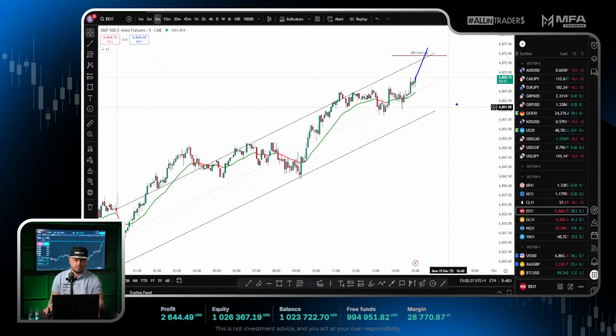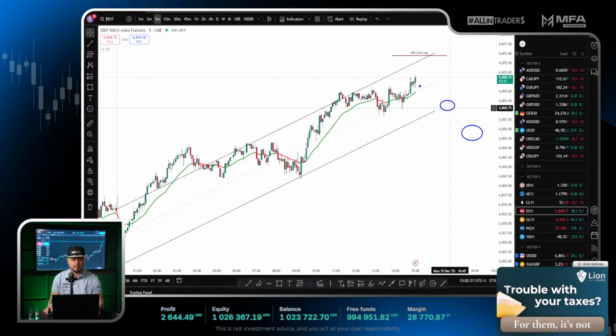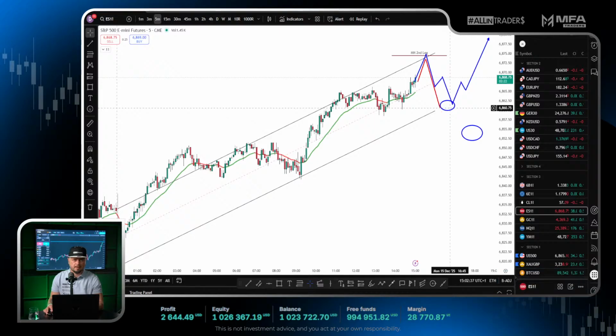First option is somewhere here at the bottom of the rotation channel, and the other option is for the breakout. This is the first option, and the second option, go up, down. Then we're gonna have to go back into the rotation channel. This is the rotation channel.